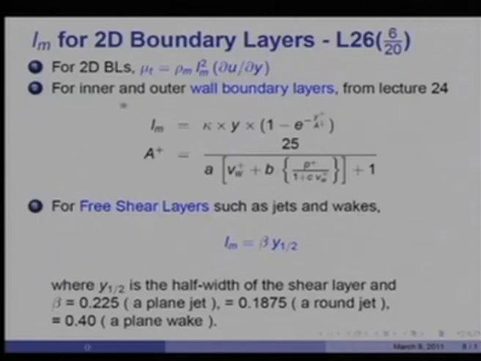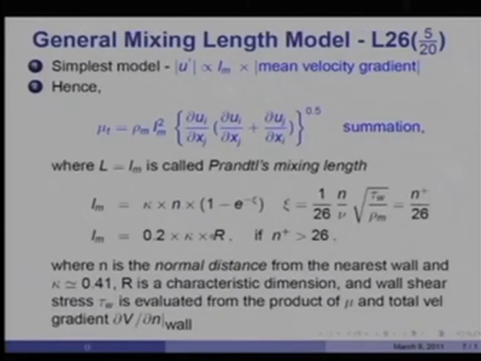Now, for inner and outer layer boundary layers from lecture 24, we say L m is equal to kappa y times 1 minus exponential of minus y plus by a plus, and a plus was given by this quantity, where a and b were sensitized to the value of the suction or blowing parameter or the pressure gradient parameter P plus. And of course, when y plus exceeds a plus, it would simply be equal to what we have shown here, 0.2 times kappa times the length dimension of the flow.